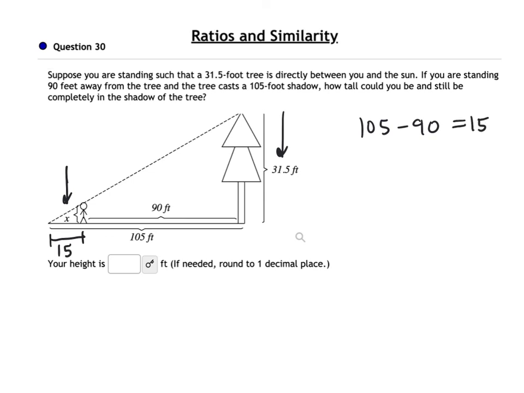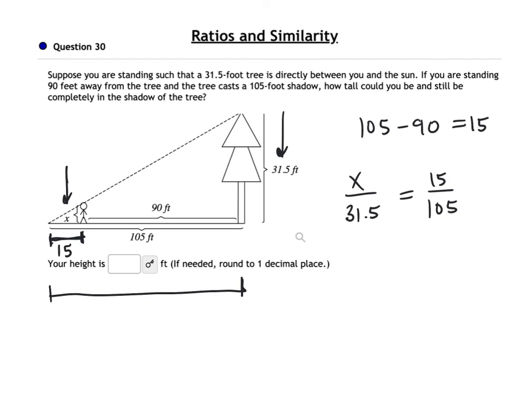Now I have sides that correspond. x, the height of the person, corresponds with 31.5, the height of the tree. Back to the small triangle, 15, which is this side here, corresponds with that length right there, which is 105.